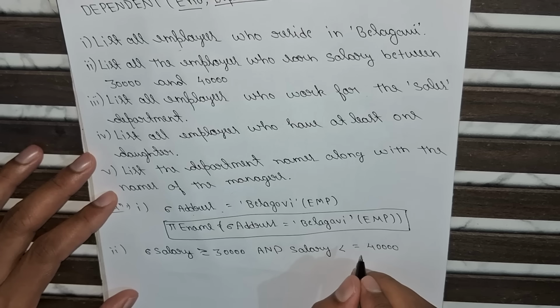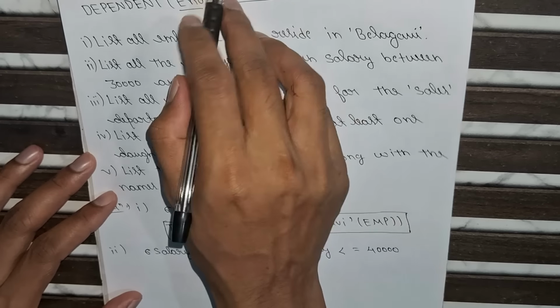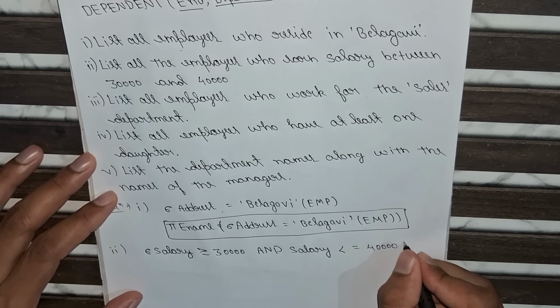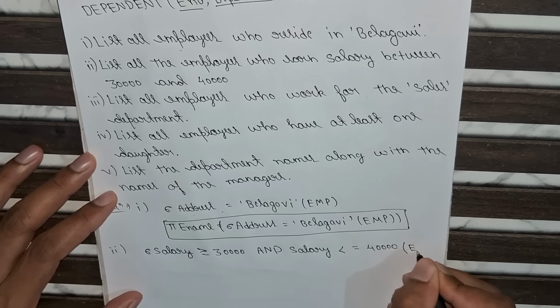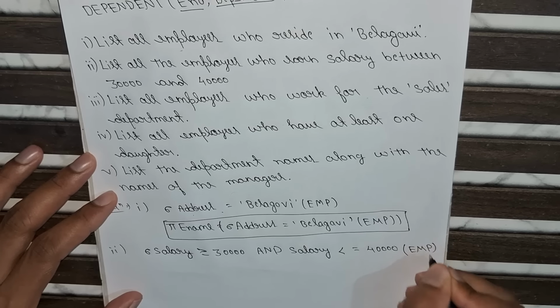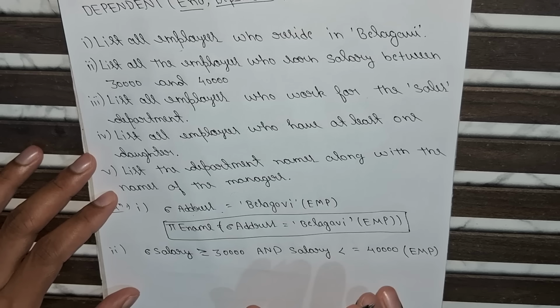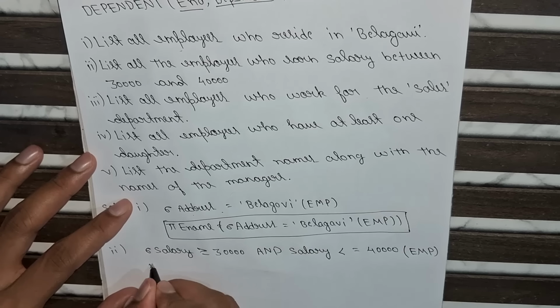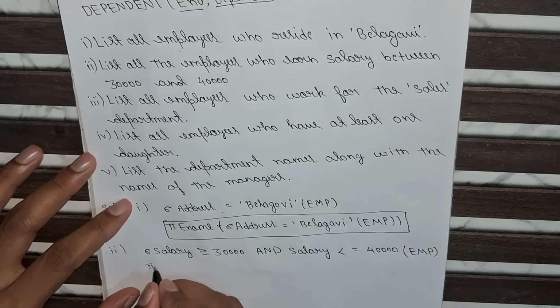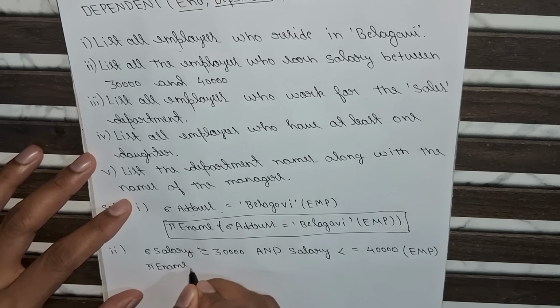The salary is coming under employee. So we can see from the question, it is EMP. So up to here it is very clear. Now project only the employee's name. So how will we do this? We will use again this projection, which is nothing but pi e name. We will project the employee name. Under that we will write this only.